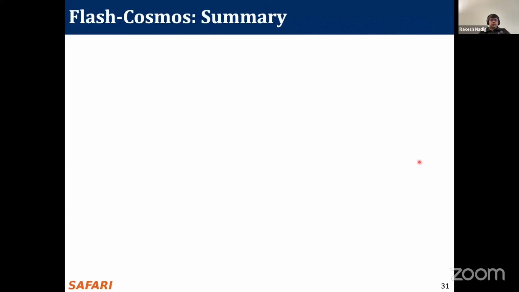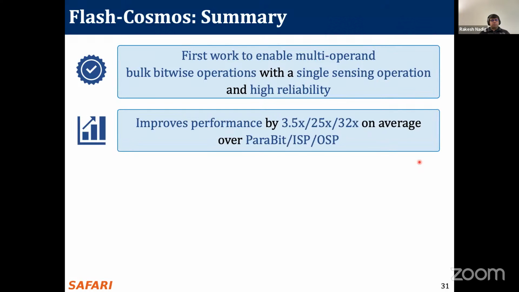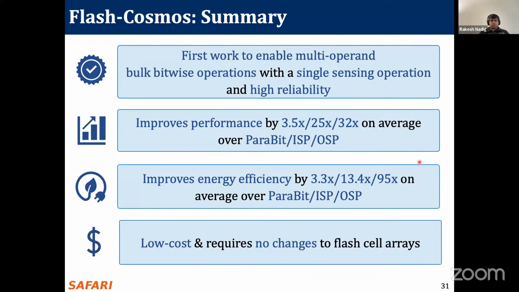In summary, Flash Cosmos is the first work to enable multi-operand bulk bitwise operations with a single sensing operation, and provides high reliability. It improves performance by up to 32 times on average over prior techniques, and energy efficiency by up to 95 times over OSP, ParaBit, and ISP. All of this comes at low cost and requires no changes to the flash chips themselves.